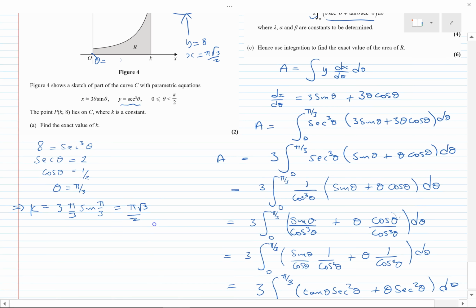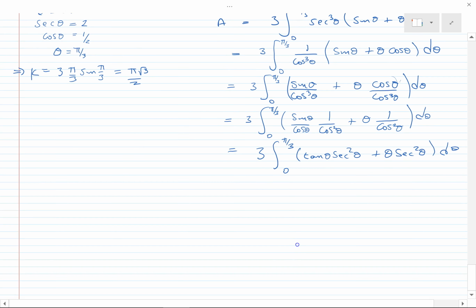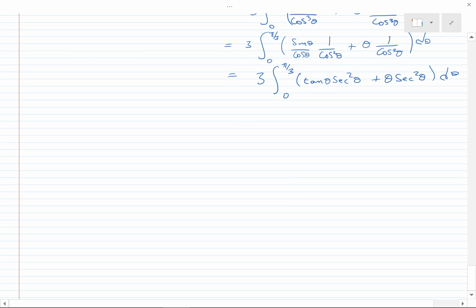Now the next bit is to integrate that to find r. So right, well, this should be an obvious case of by parts. In the exam when this happened last year, I had some quite good students who really struggled or couldn't quite see this one.